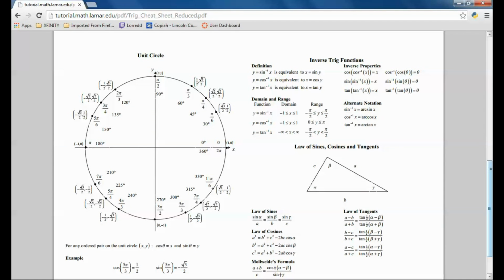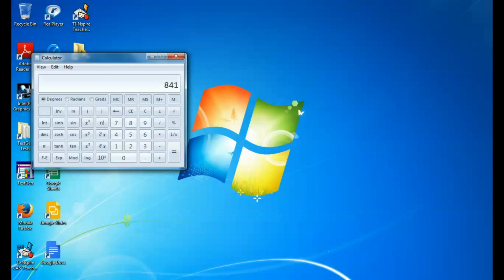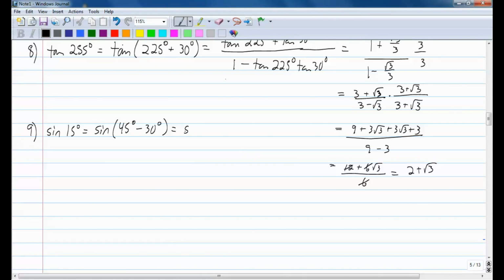So the difference formula for sine, right here, when you subtract, you have sine alpha cosine beta, and we have plus or minus here, so we want to subtract cosine alpha sine beta. Alright, so sine 45 degrees times cosine 30 degrees minus cosine 45 degrees times sine 30 degrees.